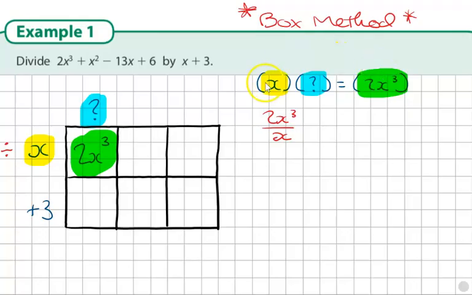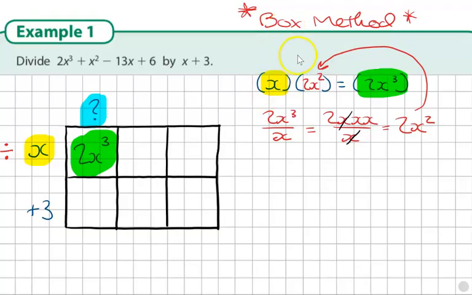2x cubed divided by x is 2xxx divided by x. That x will cancel with that x and leave us with 2 x's. So we get 2x squared as our answer. So x multiplied by 2x squared gives us 2x cubed.